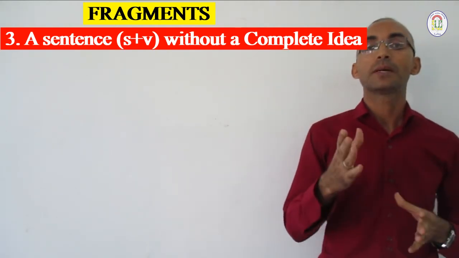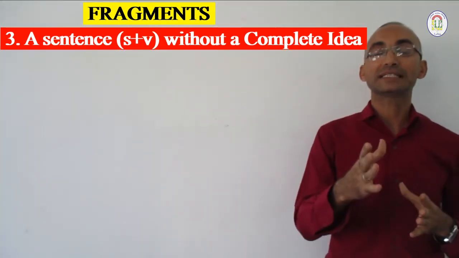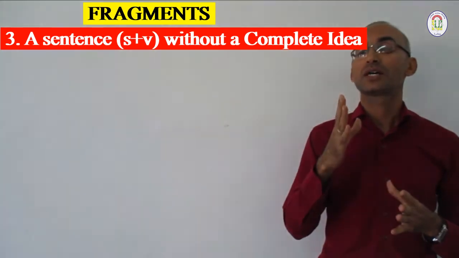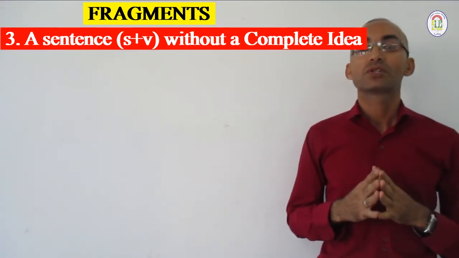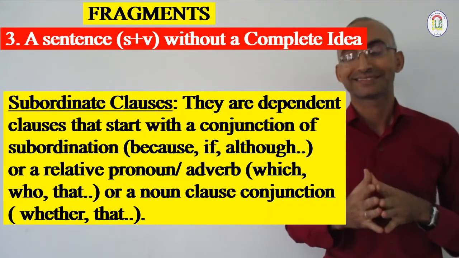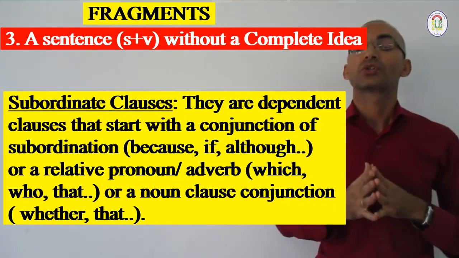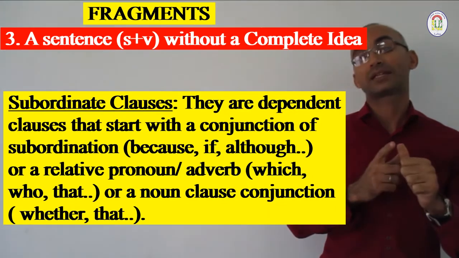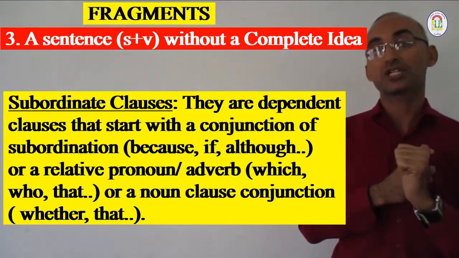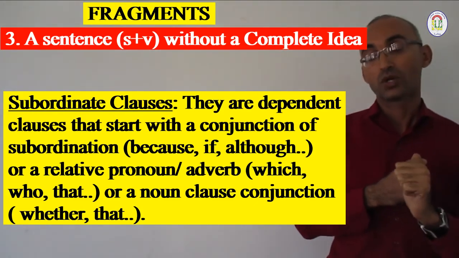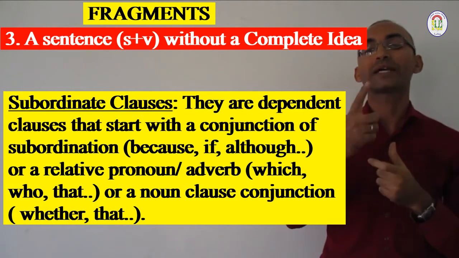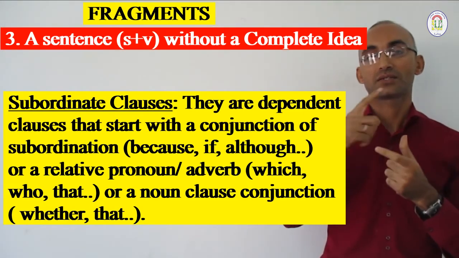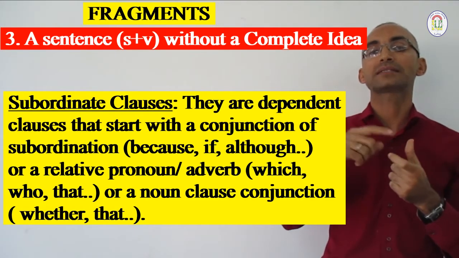This case is related mainly to subordinate clauses, I mean a clause which starts either with a conjunction of subordination or a relative pronoun. So these are always fragments when they come alone.